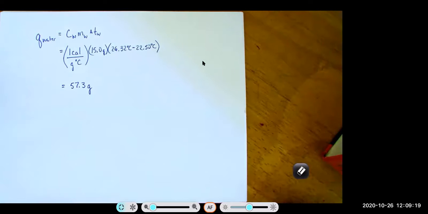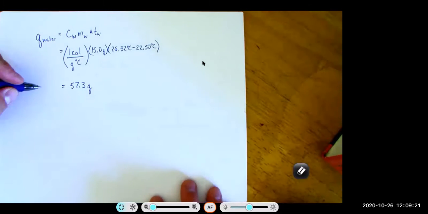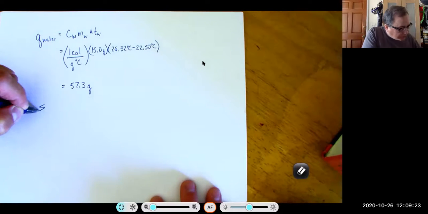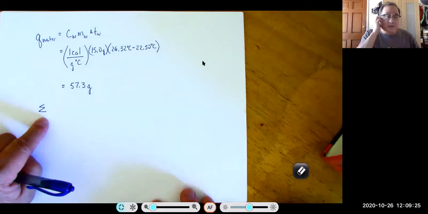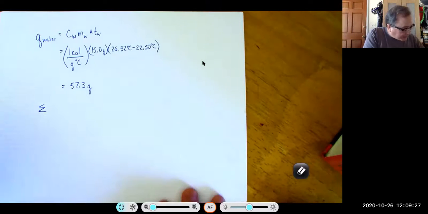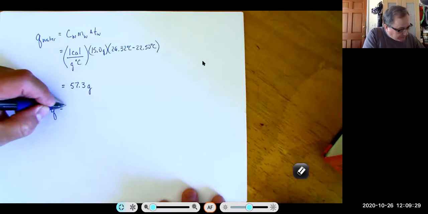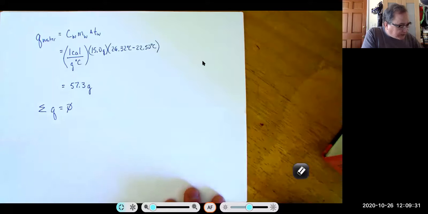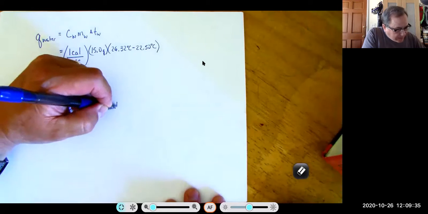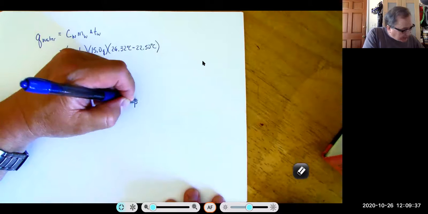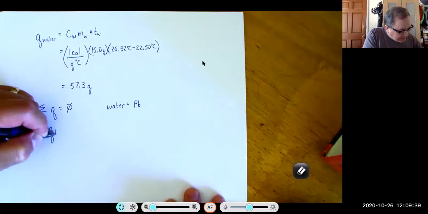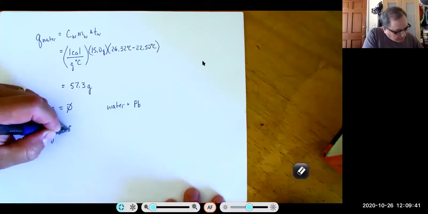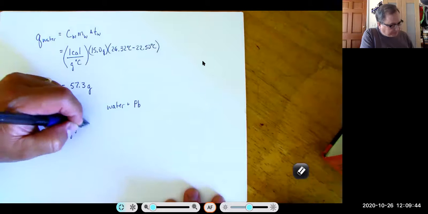Yeah. Okay. Now, something that you want to do when you do these calorimetry problems is you want to do that the sum of Q's is equal to 0. And we're going to make the assumption that the only thing we have going on is the water and the lead. So that means that the Q of the lead plus the Q of the water is equal to 0.